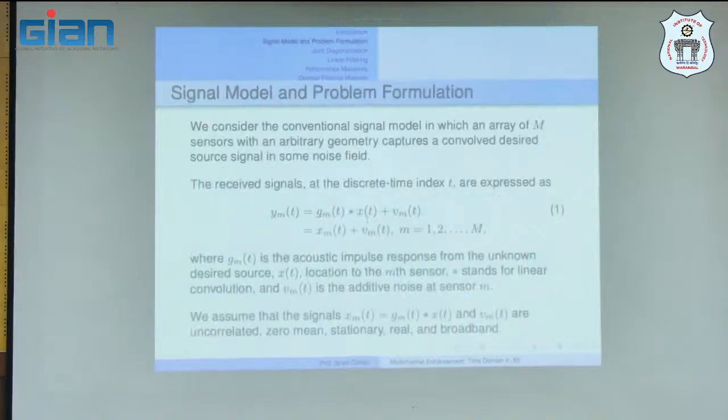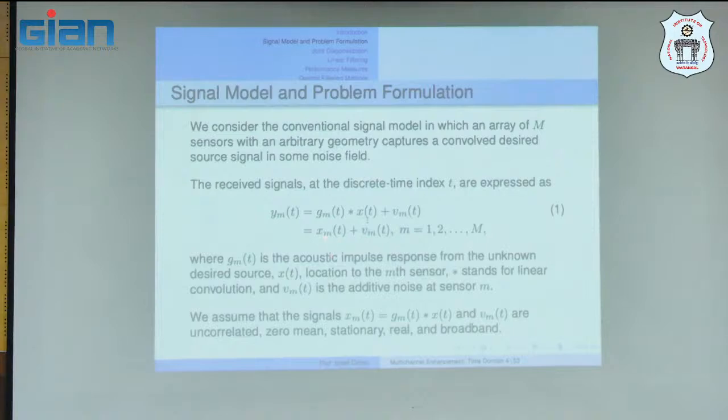So, okay. So let's start with the model. So instead of a single channel, now we have measurements. Each signal that is measured in a sensor, index m, is a combination of the desired signal, x_m, plus the noise signal in that sensor.